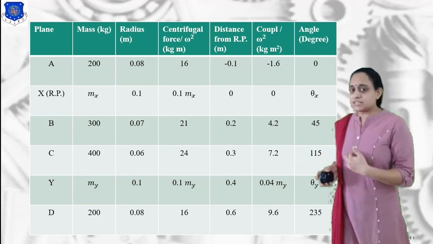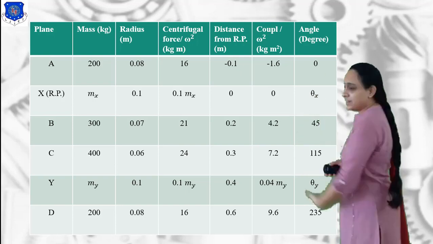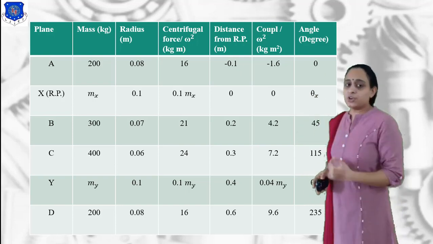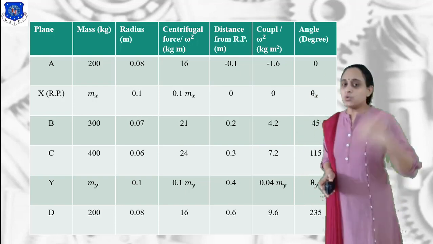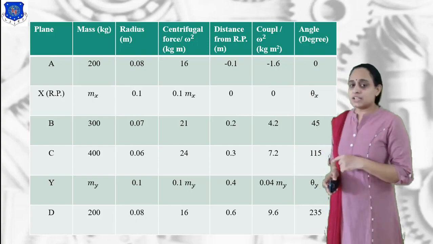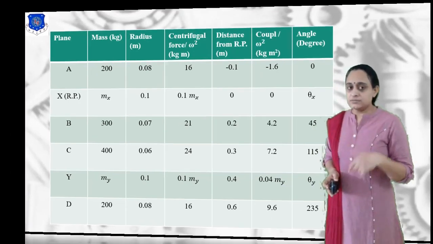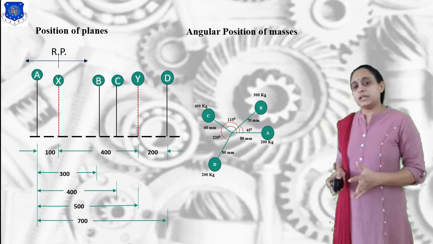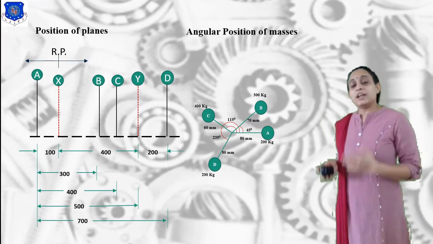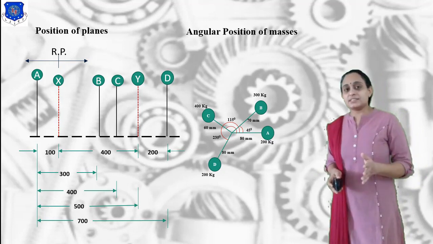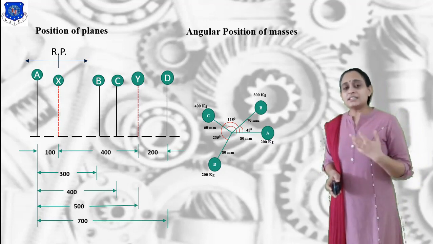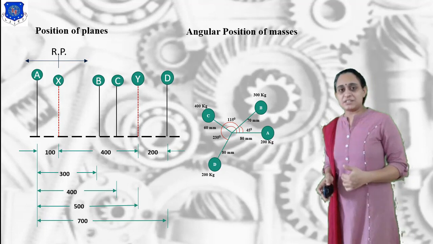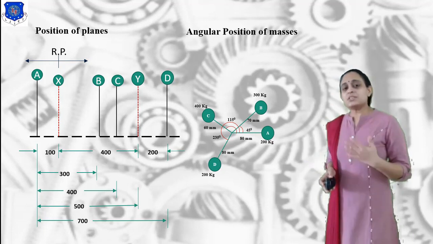As we see all this in the diagram and all these angles, we have to put this data in according to our study. Now in this case, we have to take the reference plane at a non-mass plane. And what is the reference plane? X is our reference plane. Let us consider X as our reference plane.